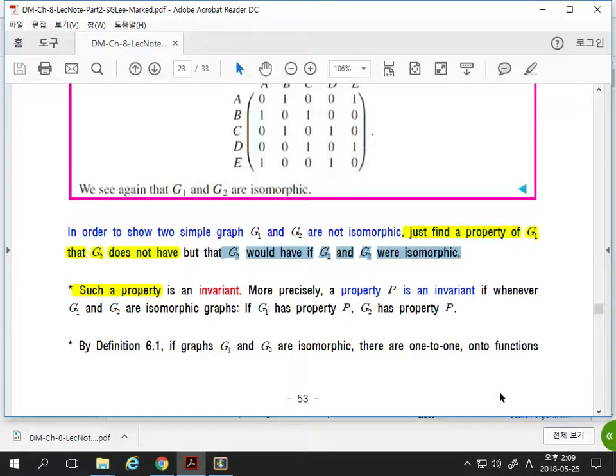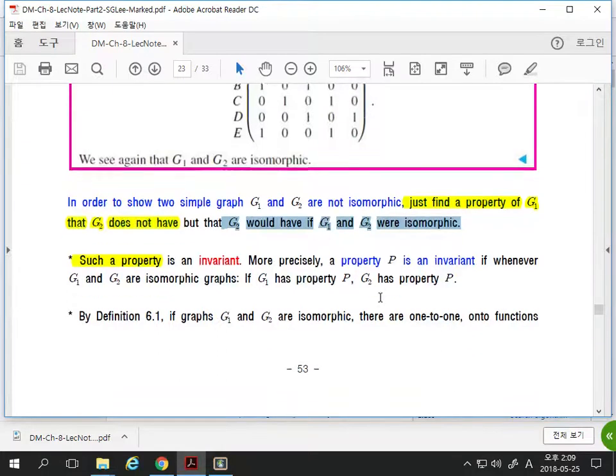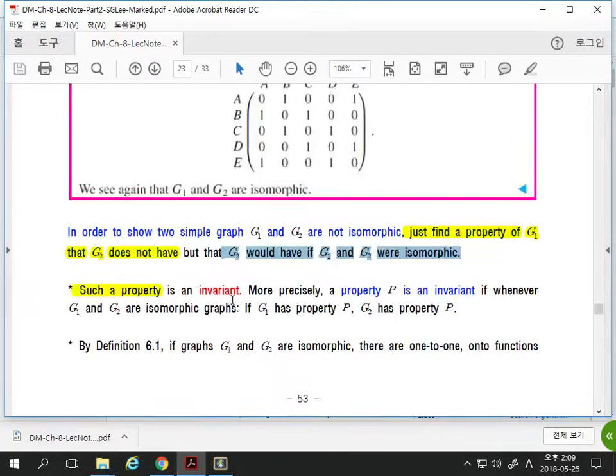That's another easy way to check whether the given two graphs are isomorphic or not. 그렇잖아? Okay, so that property is called an invariant.